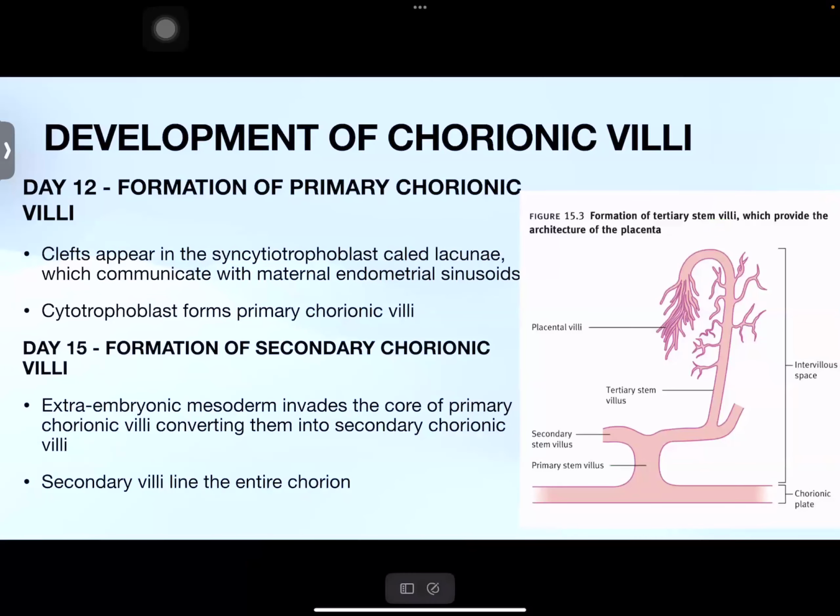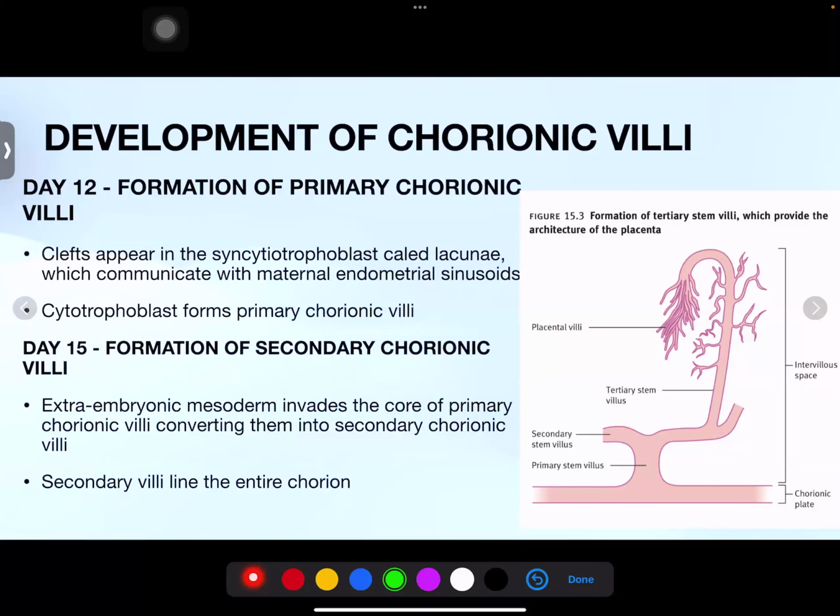Okay, so how do the chorionic villi develop? Now coming again to day 12, which is the second week, we discussed the formation of primary chorionic villi. Now the primary stem villus, again there would be multiple types. This is the chorionic plate, and the villi start here.